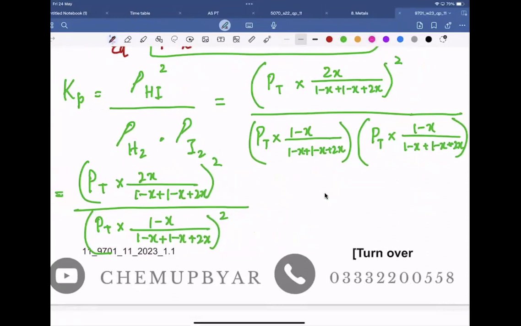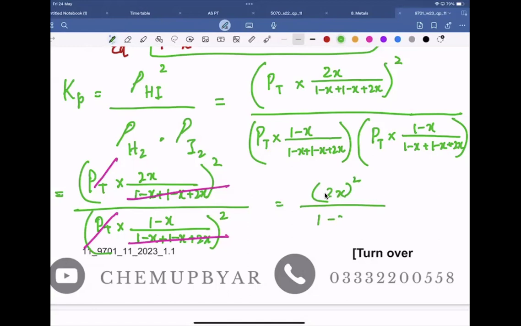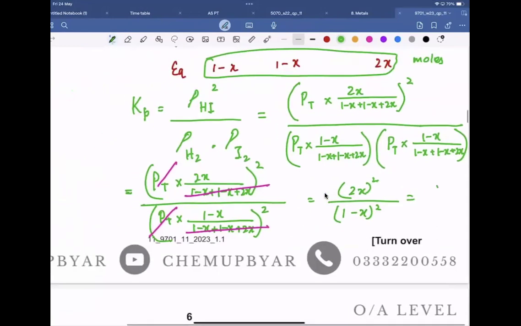Now see, aren't these two going to cancel out, and this whole thing is going to cancel out with this whole thing? So what are you left with? 2x square over 1 minus x whole square. So isn't it going to be 4x square over 1 minus x whole square?